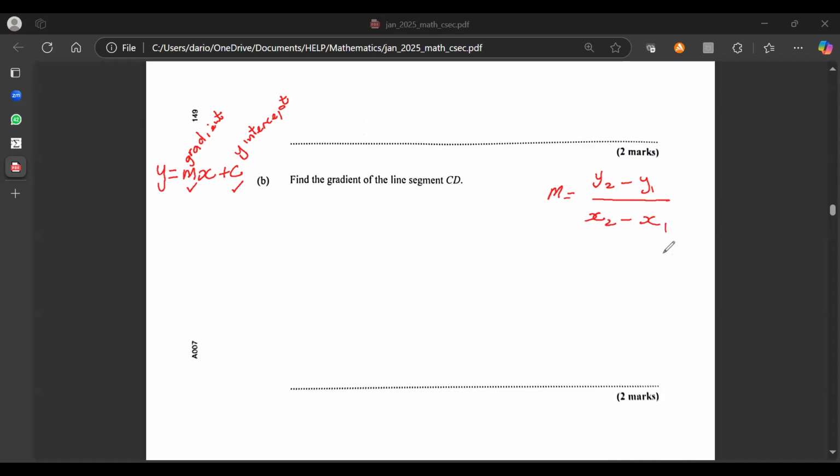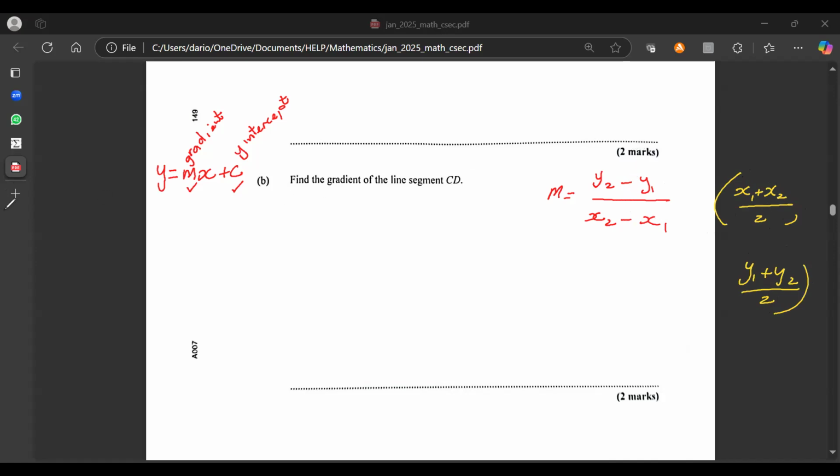So just as we did, Jenny, we found the midpoint by saying x1 plus x2 divided by 2, and y1 plus y2 divided by 2, likewise, we have another formula to learn.